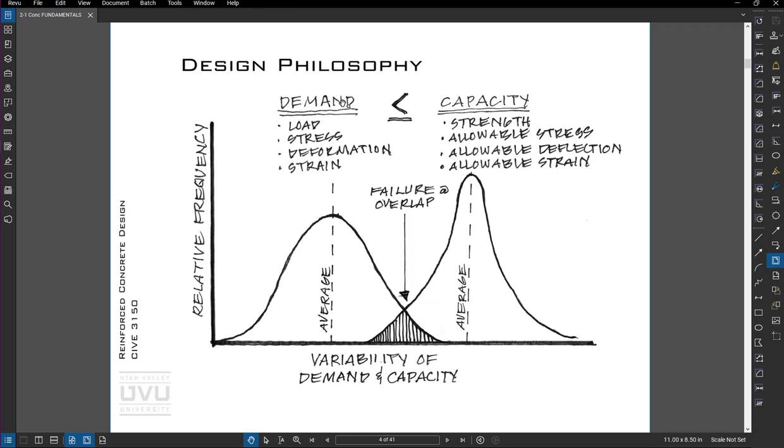And there's always variability in both the demand and the capacity. So if we look at a probability curve, there's a place where those intersect and failure will occur. And in the US and most developed countries, that failure rate is about 1 in 10,000.